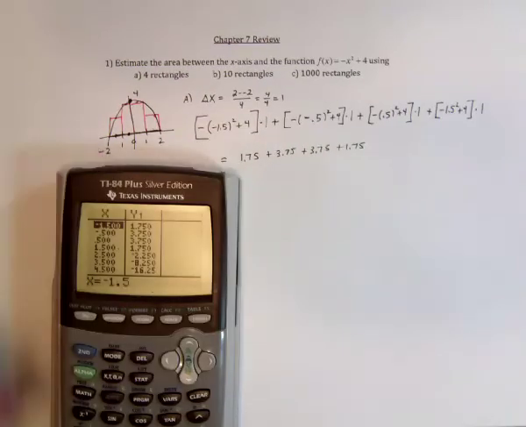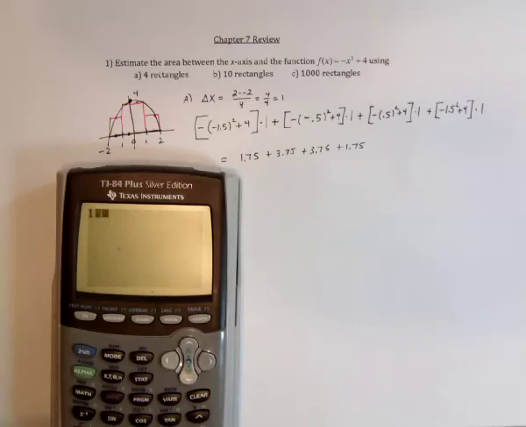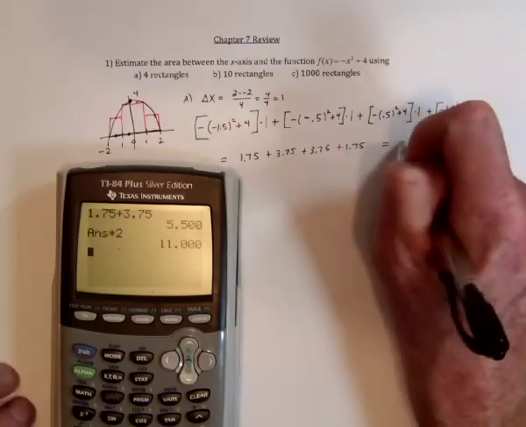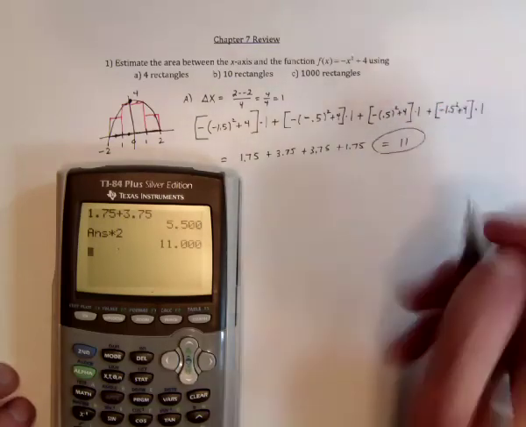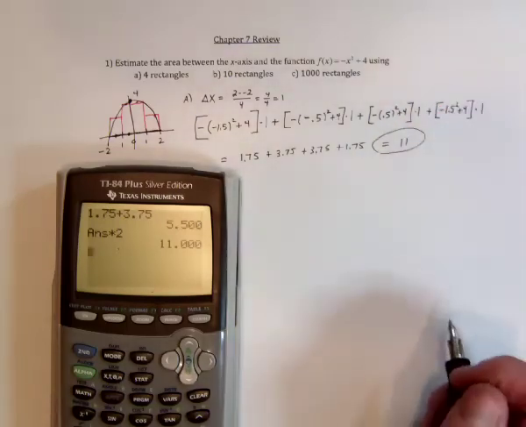And then add them up. So 1.75 plus 3.75 and then double it. So the area of those rectangles is 11 square units.